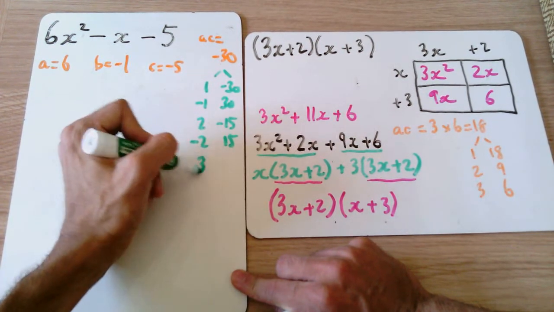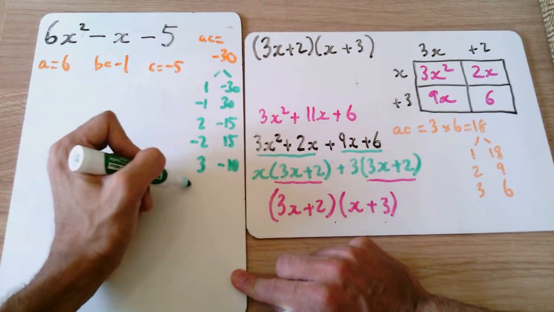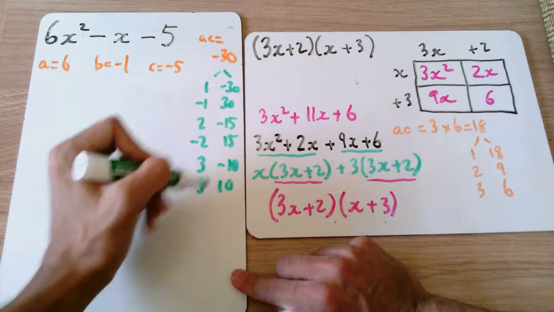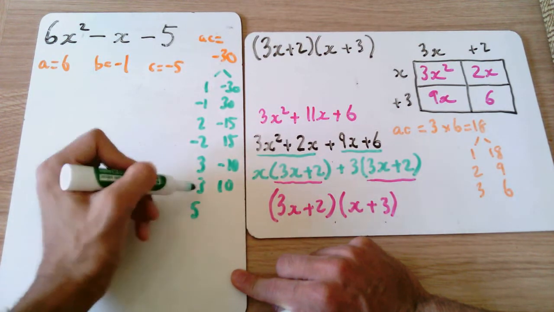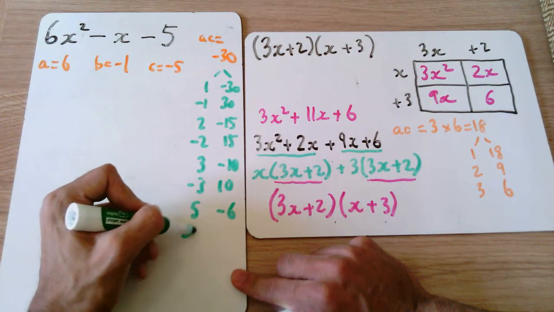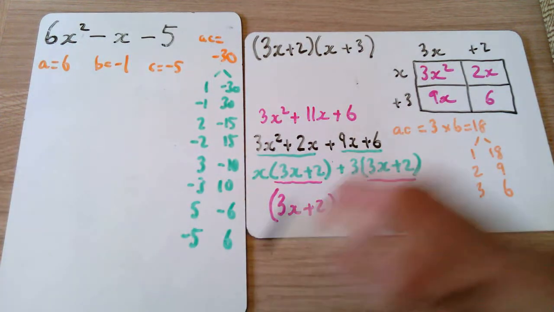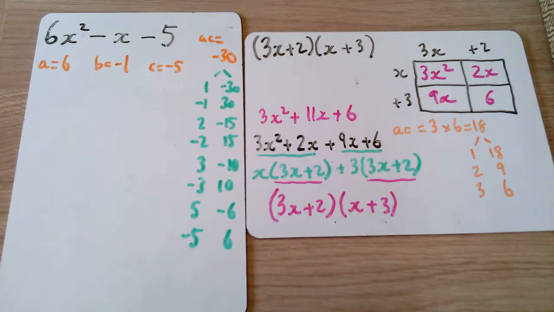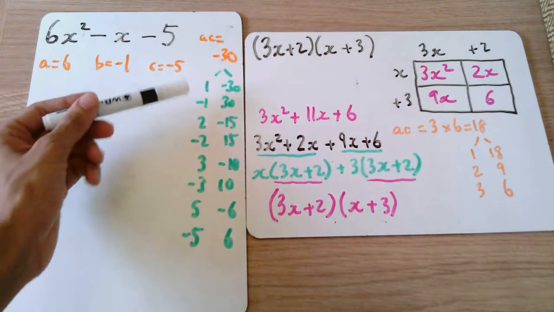We could say 3 and minus 10, or minus 3 and 10, and we could also say 5 and minus 6, and minus 5 and 6. Now if we add these combinations together, there's only one that is going to add to make minus 1. 1 and minus 30 gives us minus 29.